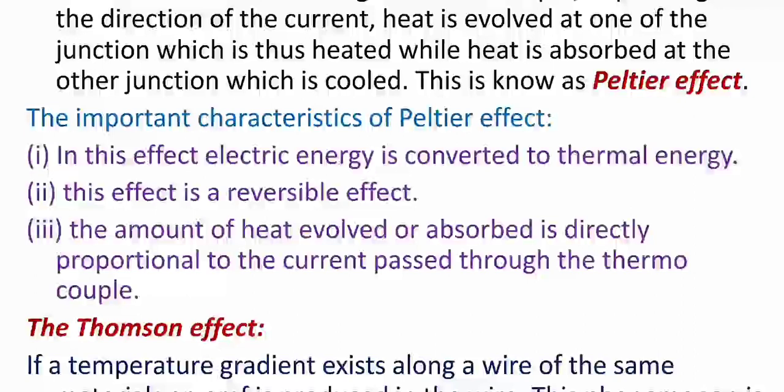When current flows through a conductor, the conductor opposes the motion due to resistance, and due to this opposition, energy is lost and converted to heat energy. Okay, but this Joule heating law is not a reversible effect. Reversible means that if you change the direction of the current, the heat will not be absorbed in the circuit. But the Peltier effect is reversible.